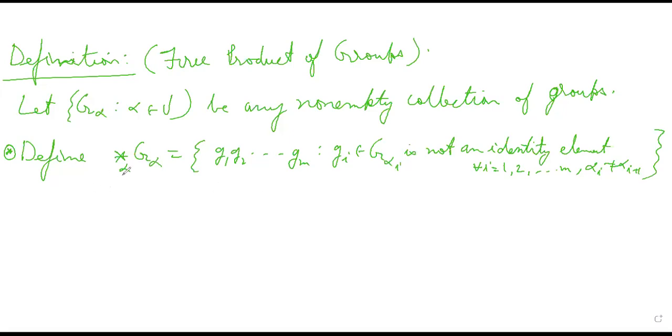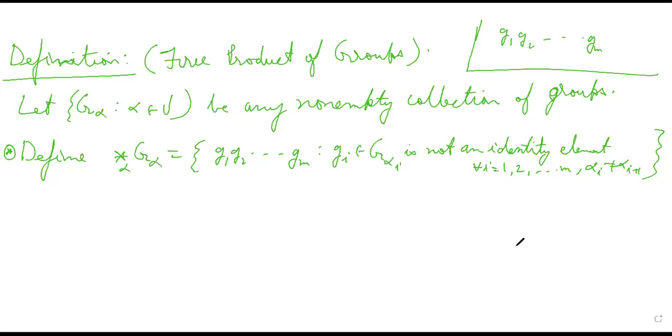So the free product of the G_alpha is a collection of what you can say are words. You can ask what does this mean, what is this product, right? I would say it is just that you write some words.